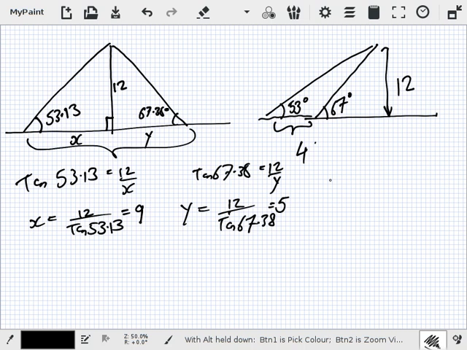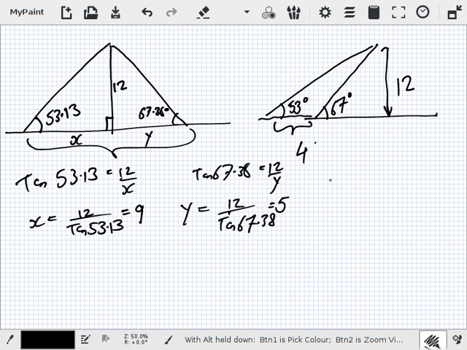So I'll let you disassemble it then, okay? The distance between them is a meter.